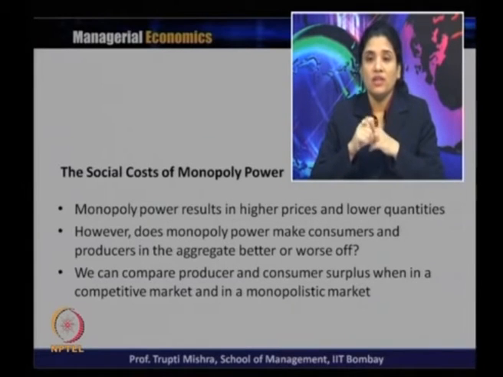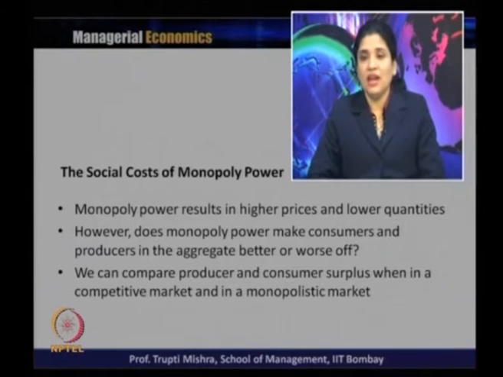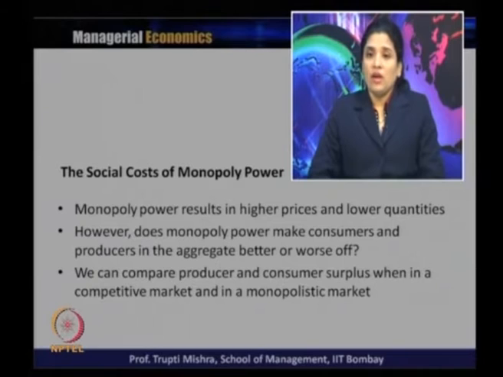Monopoly power results in higher prices and lower quantity. Demand is inelastic because there is no close substitute and the firm is a price maker. However, whether monopoly power makes the consumer better off or worse off, we can compare through the producer and consumer surplus in a competitive market and in a monopolistic market.